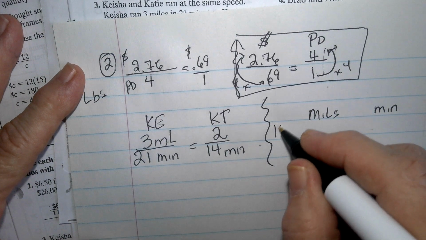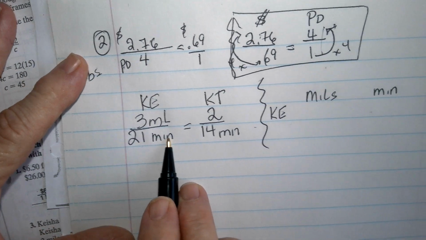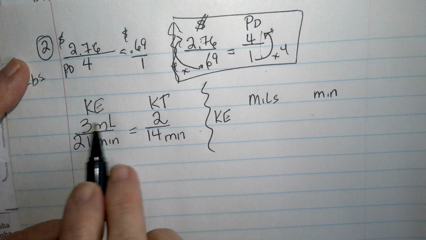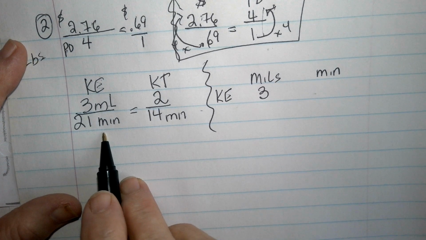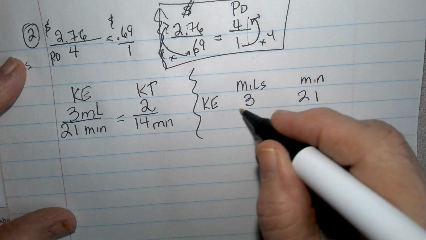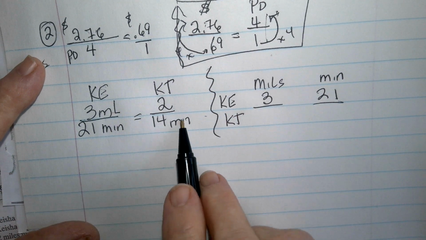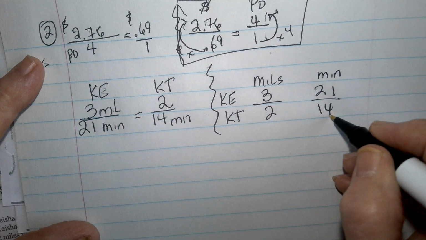First we'll do Keisha's amount. How many miles did she go? 3. It's 3 miles in how many minutes? 21. Then I could put Katie's: she went 2 miles in 14 minutes.